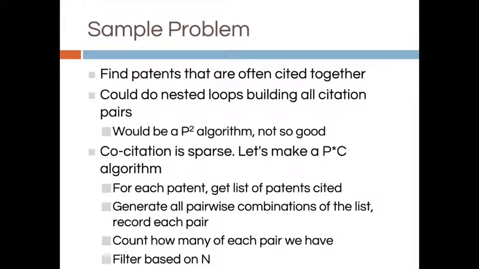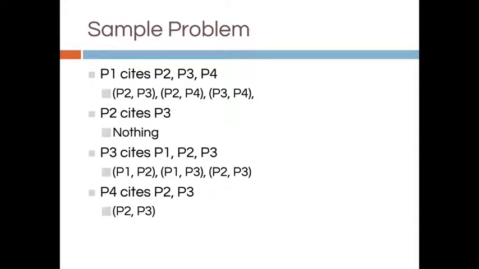We will generate all pairwise combinations of the list and record each pair. Now, don't worry if that sounds confusing. We will go into all of this in the next couple slides, and you'll see this all in action in just a second.